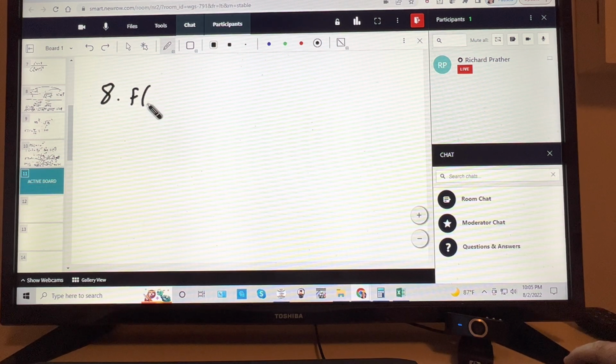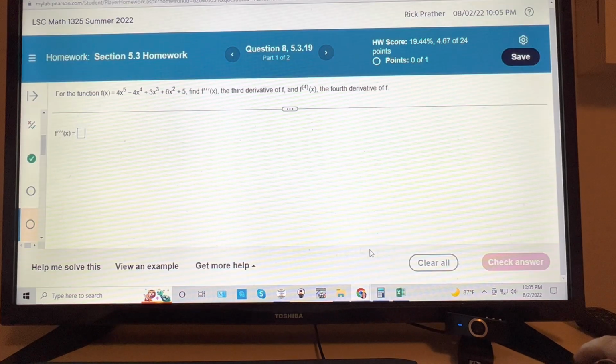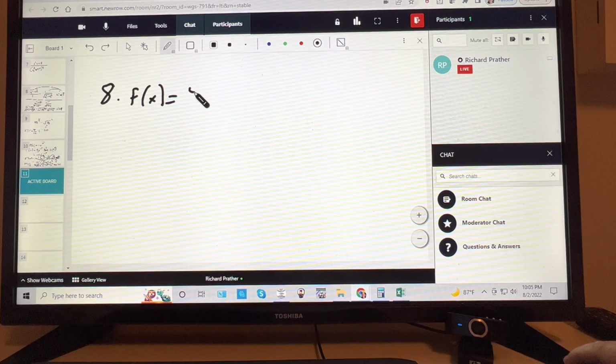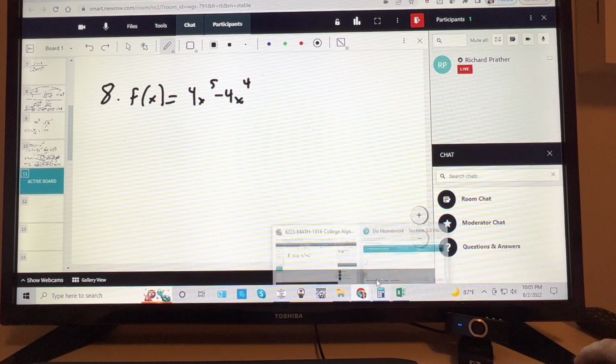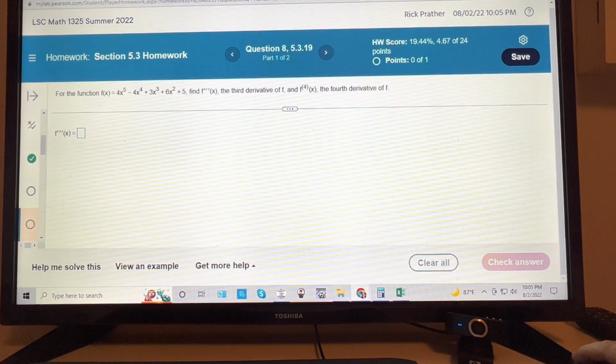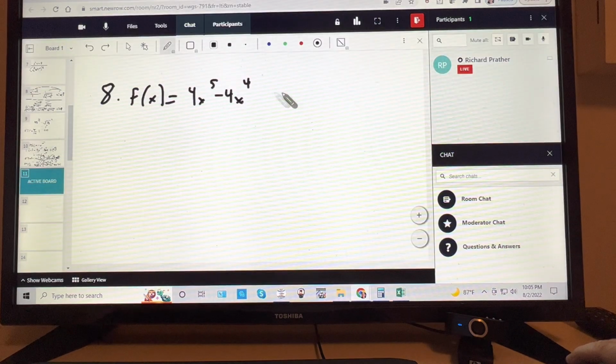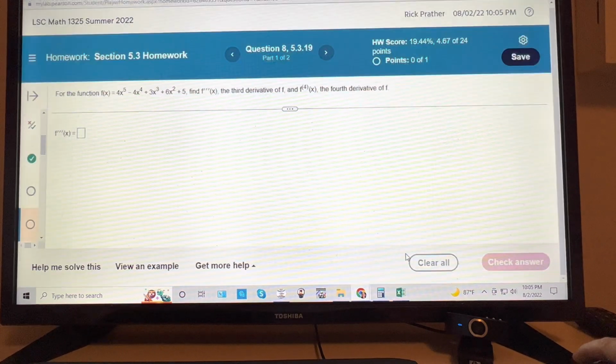So the original function is 4x to the 5th minus 4x to the 4th plus 3x to the 3rd plus 6x squared plus 5.